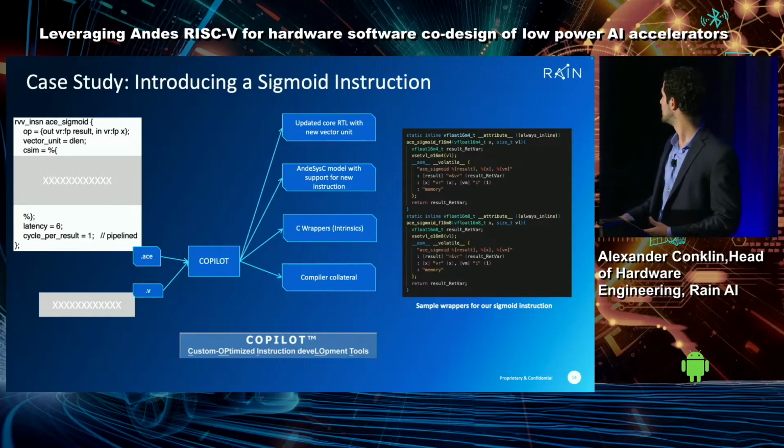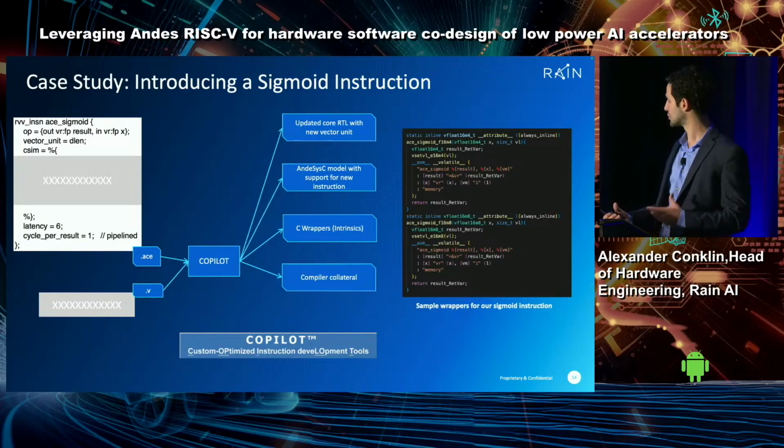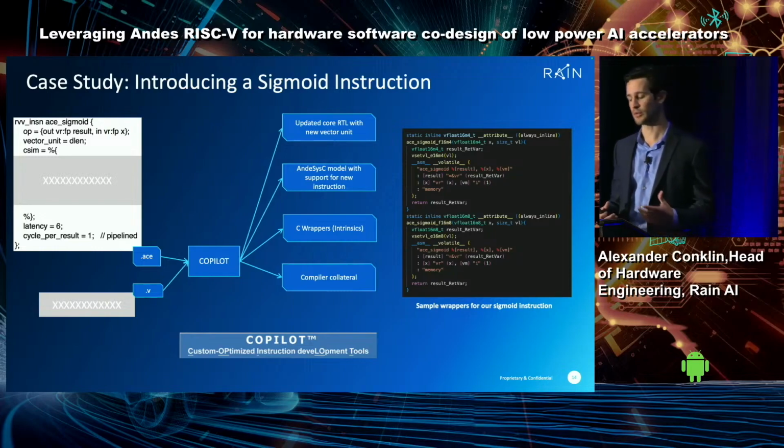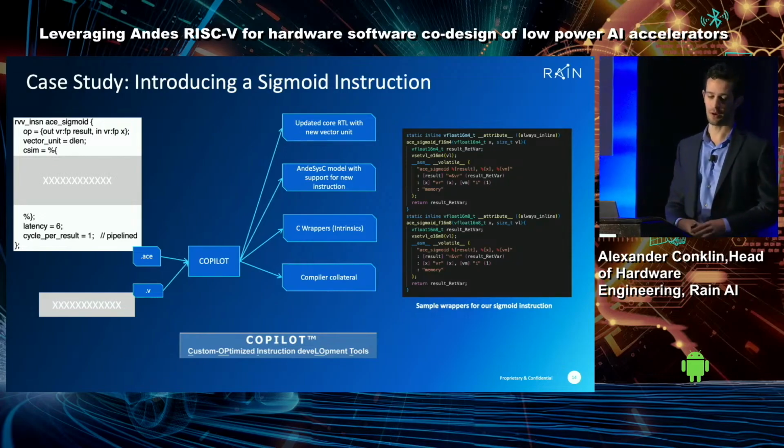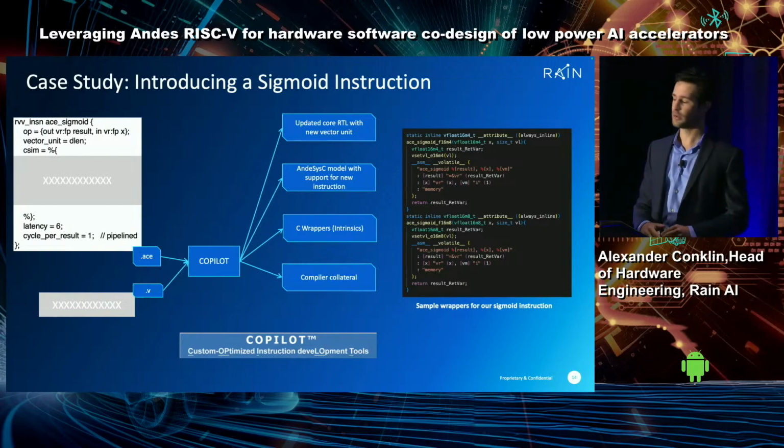And that's what I have in the image to the right. So you can see the actual instruction and then these wrappers, which are really useful for writing and kind of playing with this instruction. And then we get compiler collateral. When we like this instruction and we want to integrate it into LLVM, we have a way to do that.